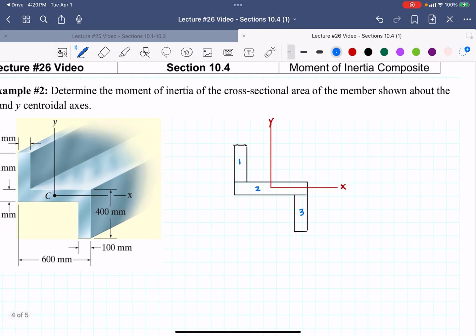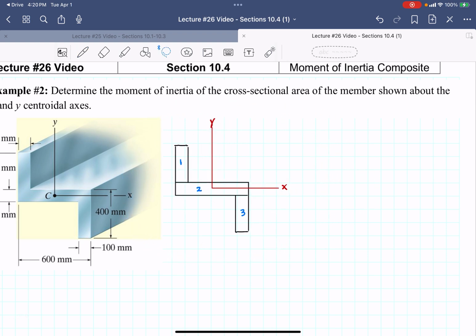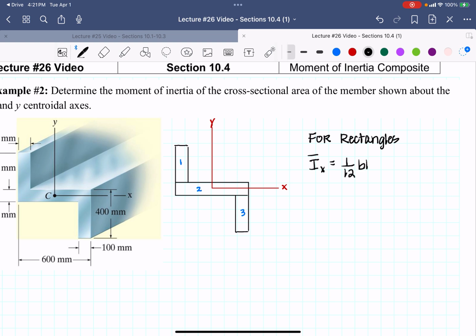The other thing I want to note is that, I'm going to move this a little bit so I can write that from the table for rectangles, it is asking us for the I of X and I of Y. So for rectangles, I of X equals 1/12 of B H cubed, and I of Y equals 1/12 H B cubed.